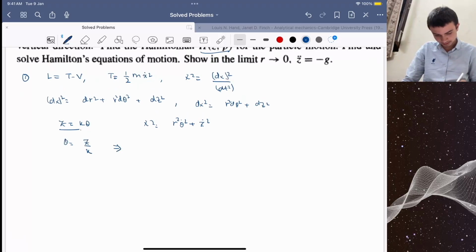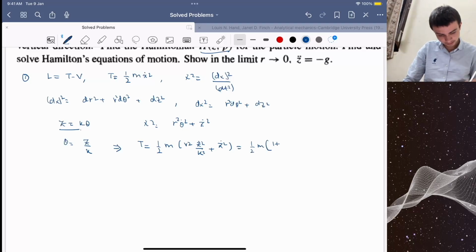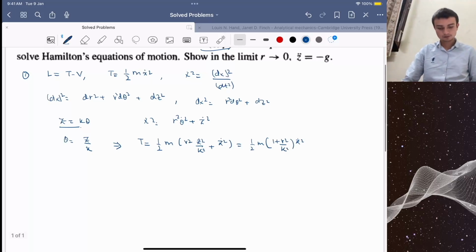This implies my kinetic energy would be 1/2 m r squared z dot squared by k squared plus z dot squared, which is 1/2 m (1 plus r squared by k squared) z dot squared.